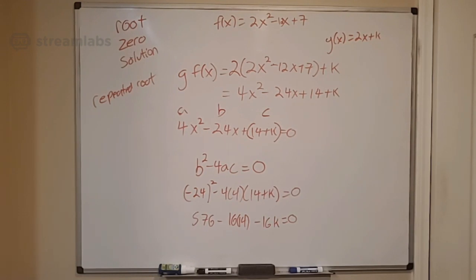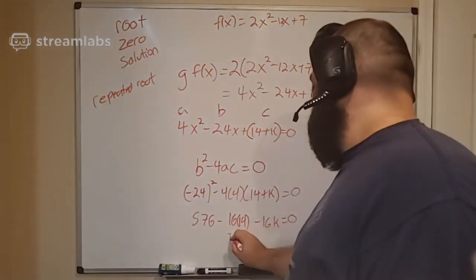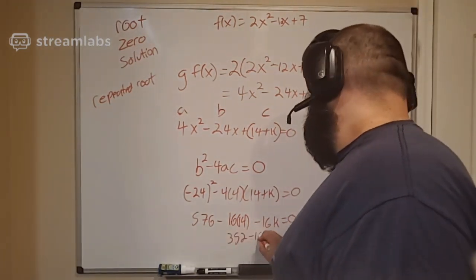So it's 352. So you get 352 minus 16k equals 0. k is equal to 22.